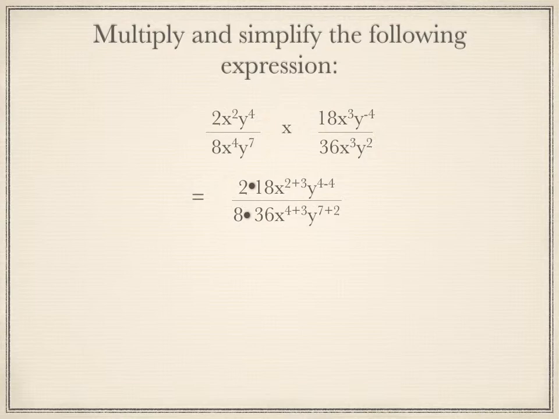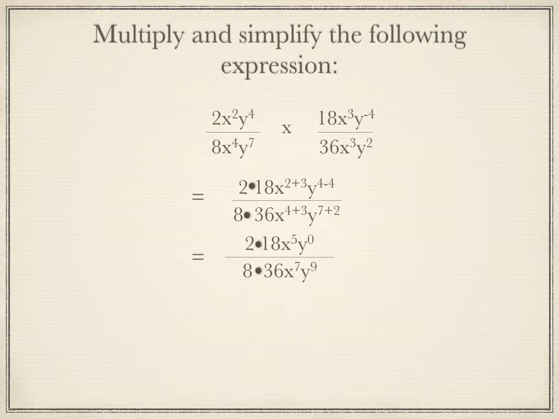Then on bottom, I write 8 times 36, and then once again, we're adding exponents because we're multiplying. X to the 4 plus 3, y to the 7 plus 2. Then from there, I just went ahead and added. So we get 2 times 18 times x to the 5th, y to the 0, over 8 times 36, x to the 7th, y to the 9th.